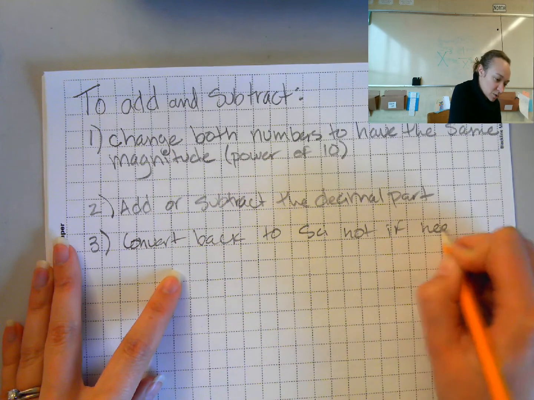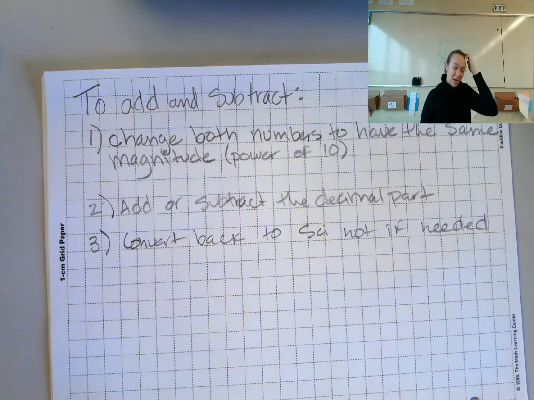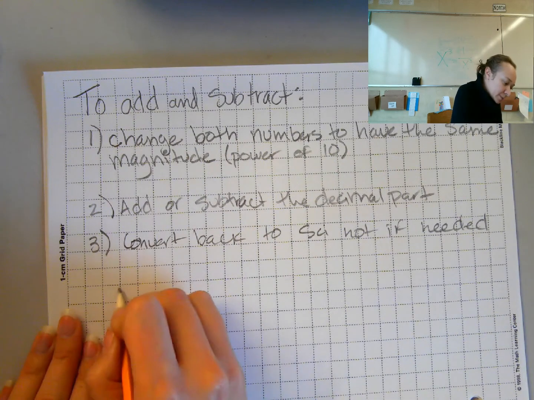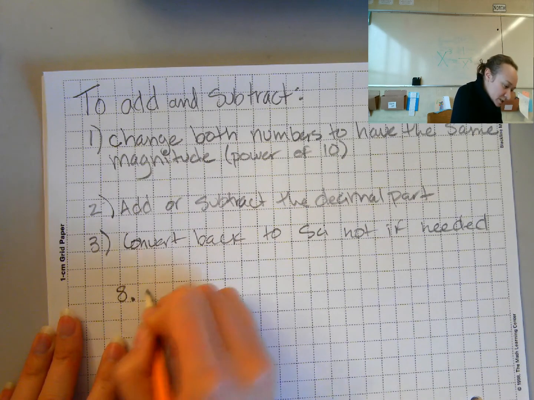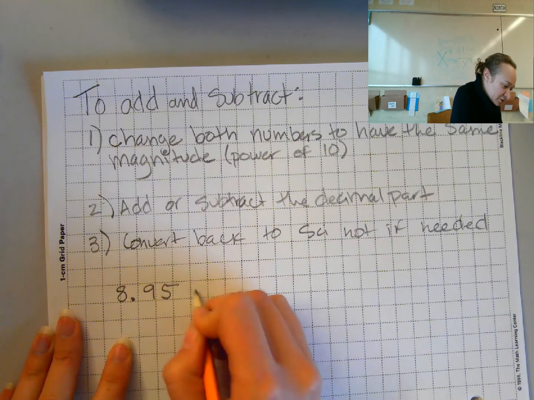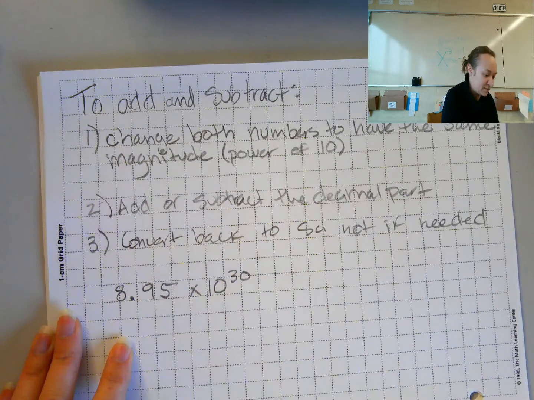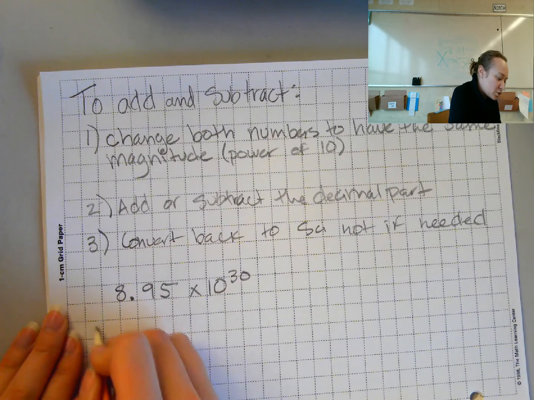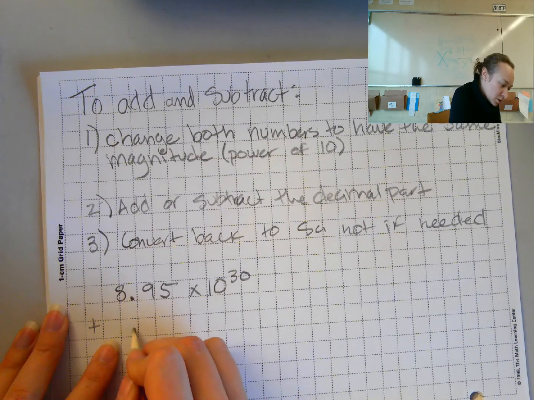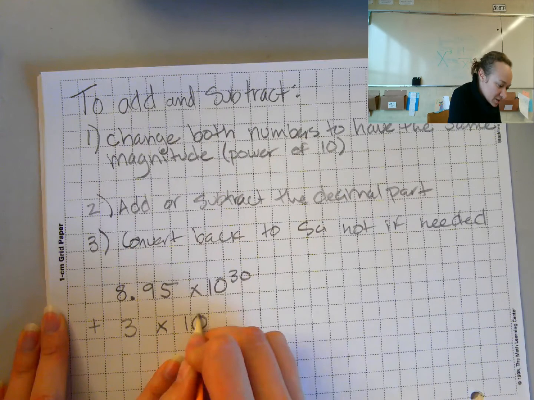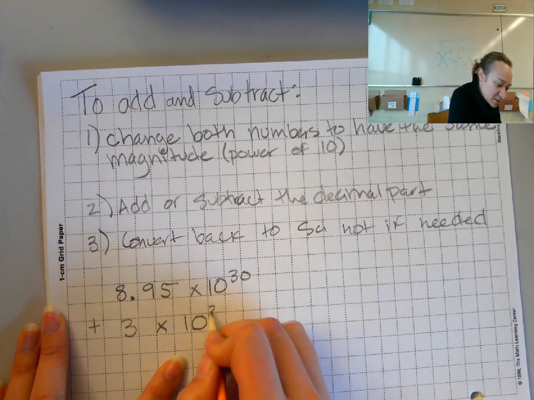All right, so let's take an example where we have two really, really big numbers. Let's say that we have 8.95 times 10 to the power of 30, and we are trying to add it to 3 times 10 to the power of 28.